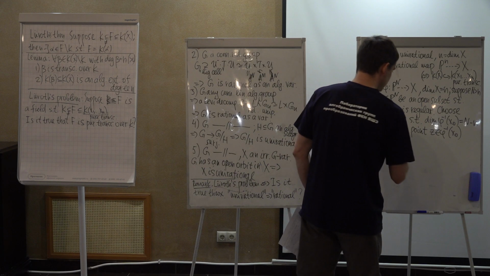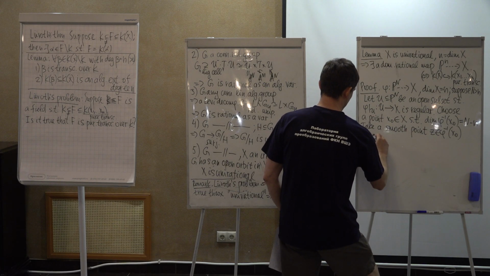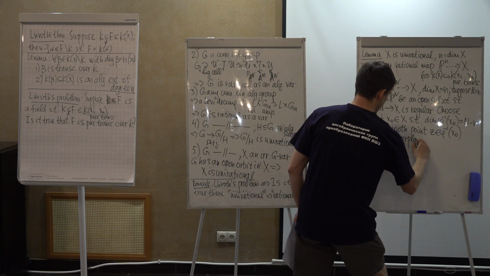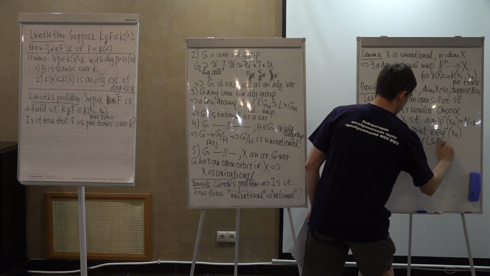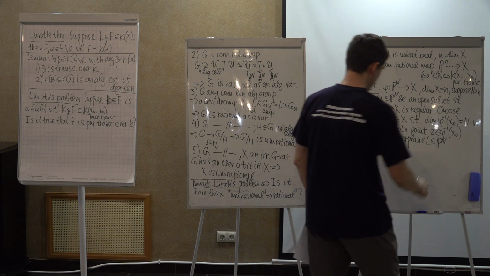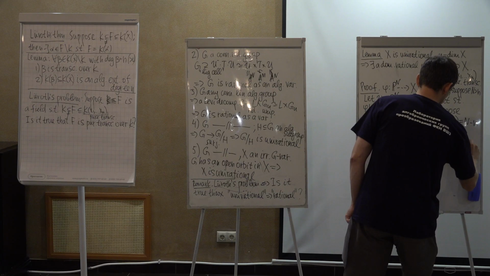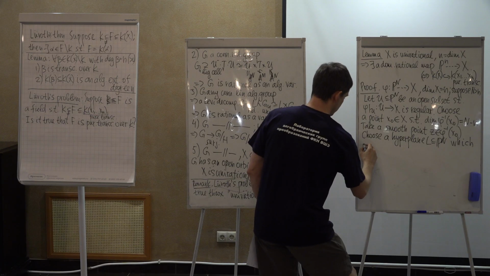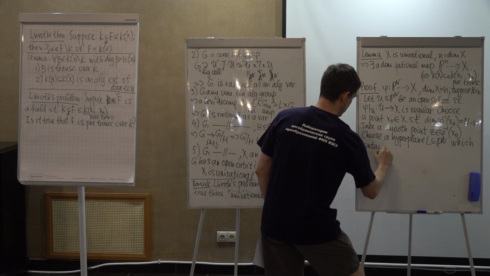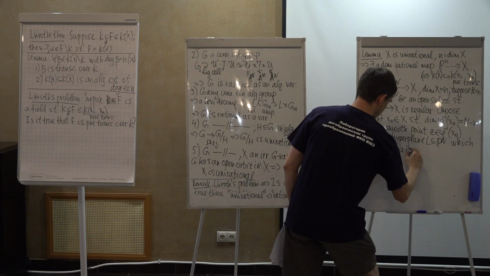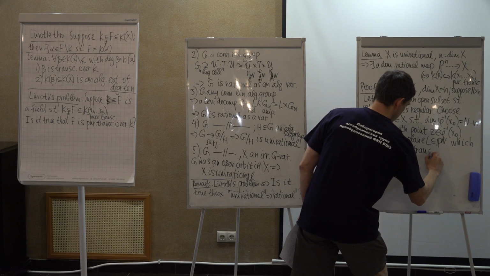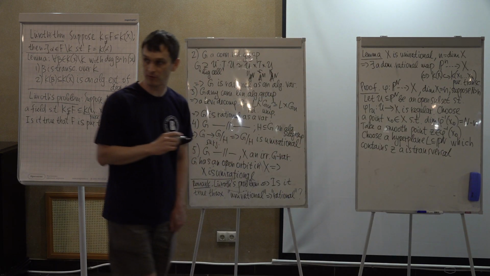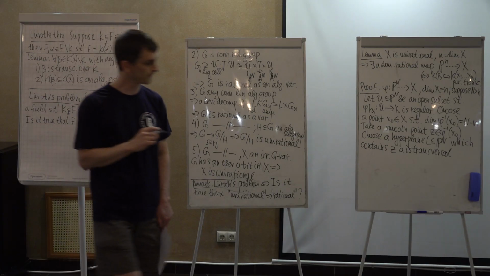Now we can choose a hyperplane L which contains z and is transversal to the fiber at a smooth point.